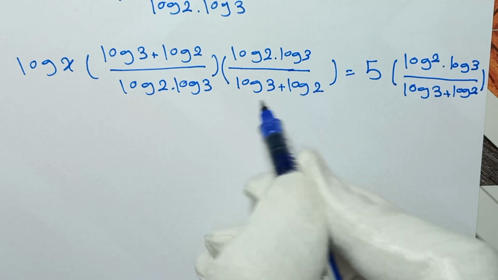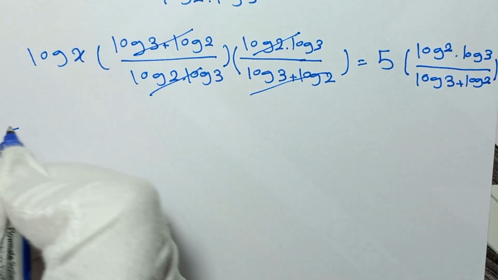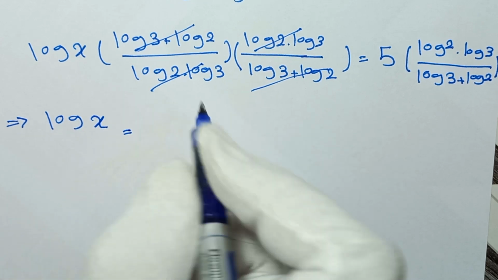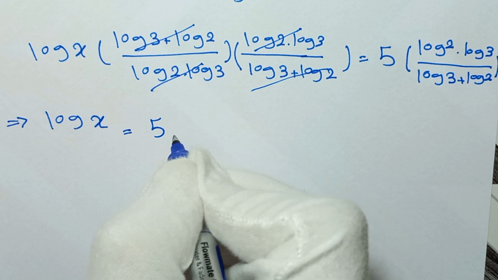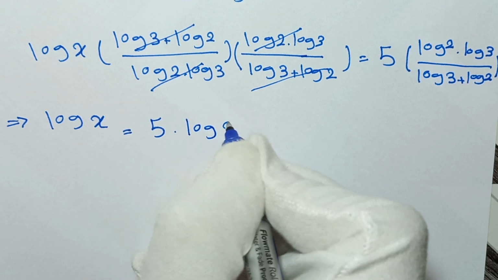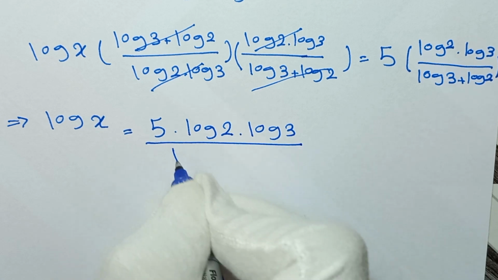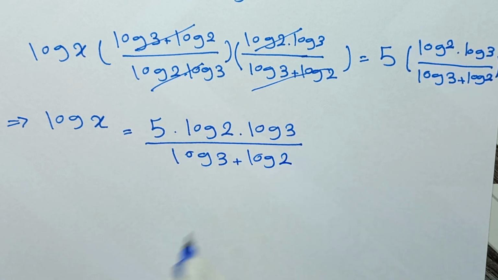Here this will cancel this, and this will cancel this, and it will be log x is equal to 5 times log 2 times log 3 over log 3 plus log 2.